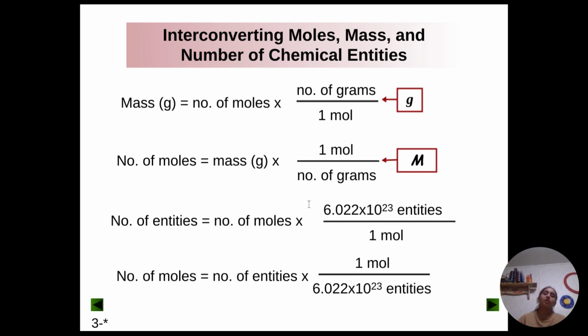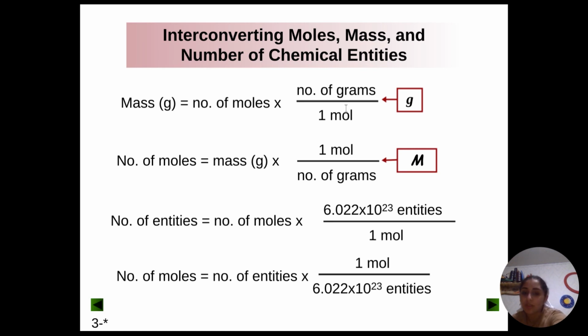Moving on, this is interconverting moles, mass, and numbers of chemical entities. On the first two, you'll notice that they're interchanged. If you're trying to figure out your mass and you have your number of moles, you multiply by your number of grams divided by the number of moles.